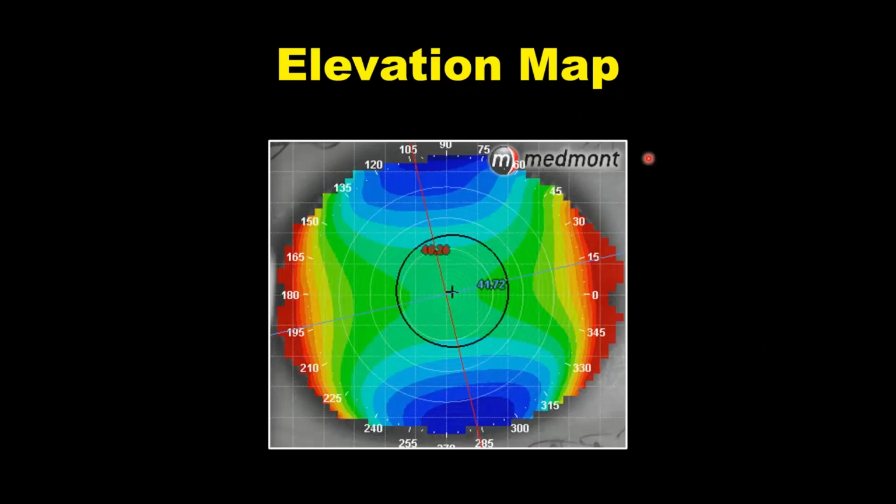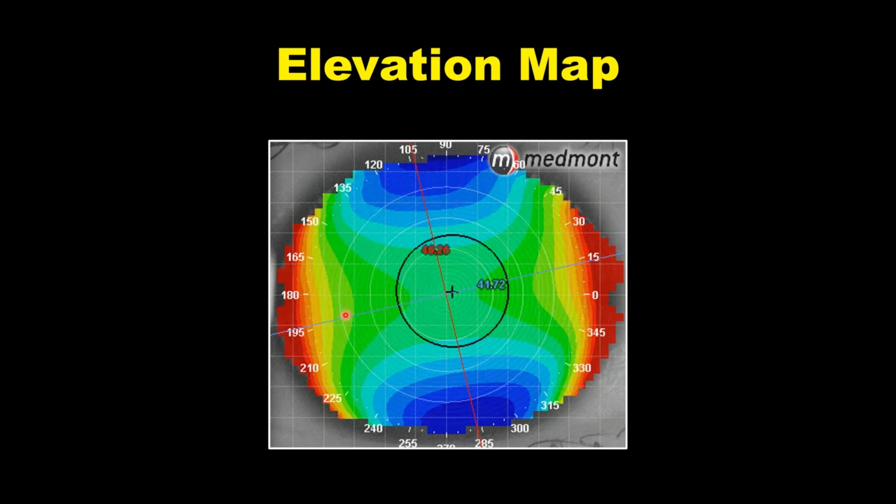That's the elevation map. And what it does is in relationship to a best fit spherical surface. And this can all get very academic, but ultimately what you're doing with an elevation map is placing a spherical surface on this eye. Generally, you're going to try to align it, or the software will align it with the peak of the cornea.